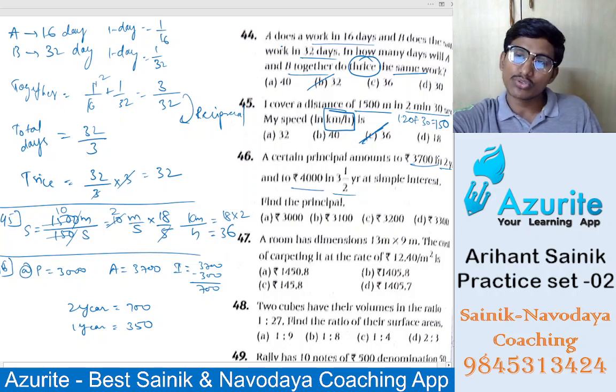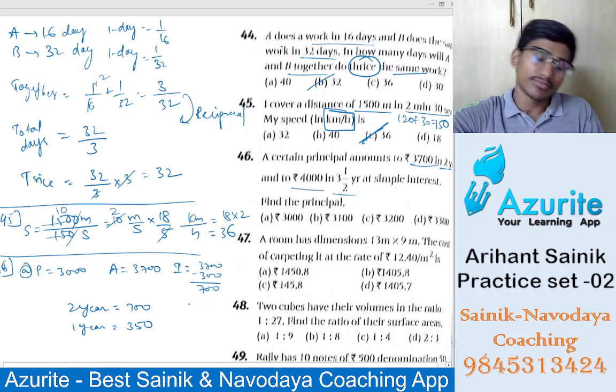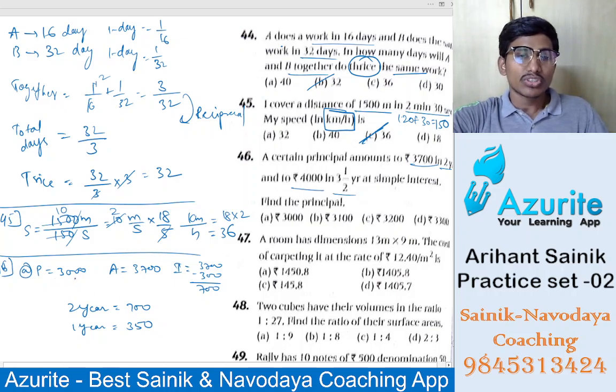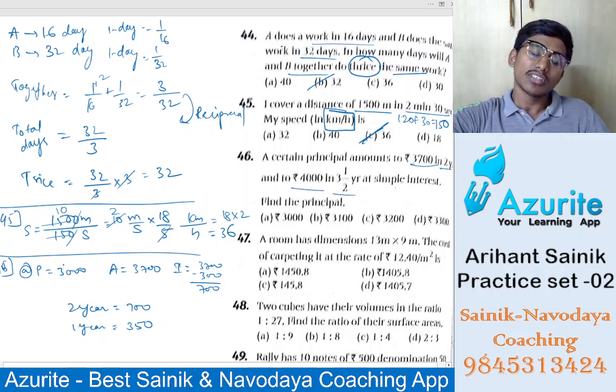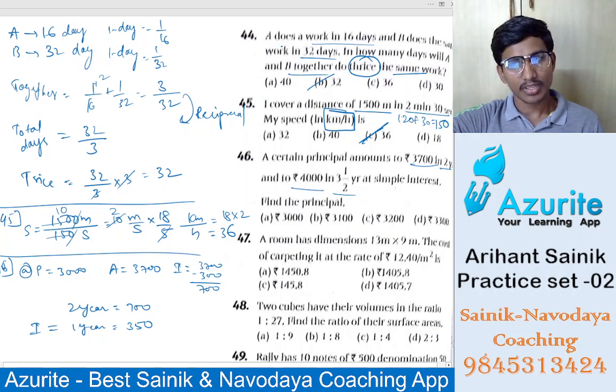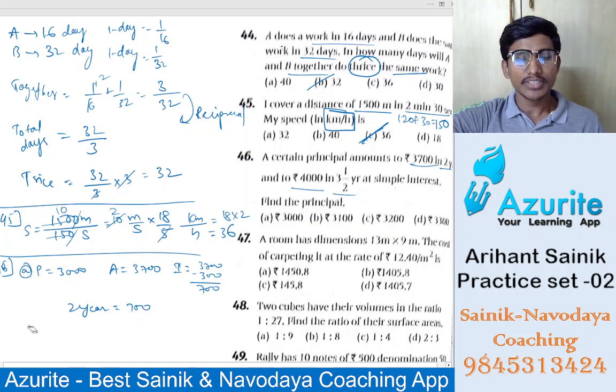Because it is 2 years. So 350 is the interest for 1 year. Interest we got, principal we got, time we got. Rate of interest will be how much?